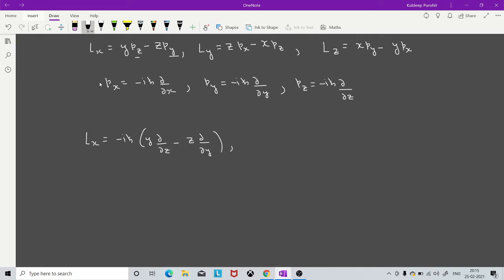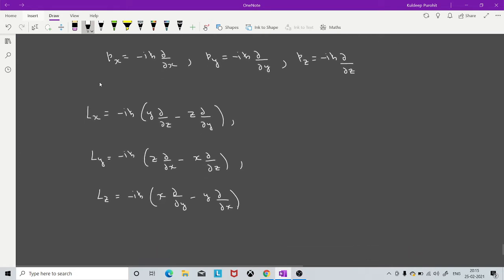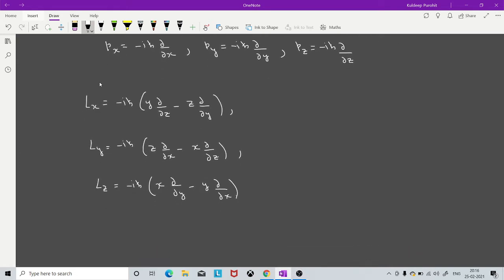Ly will be equal to minus i h-bar times z del by del x minus x del by del z, and Lz is equal to minus i h-bar times x del by del y minus y del by del x. These are three important definitions which we have to remember.